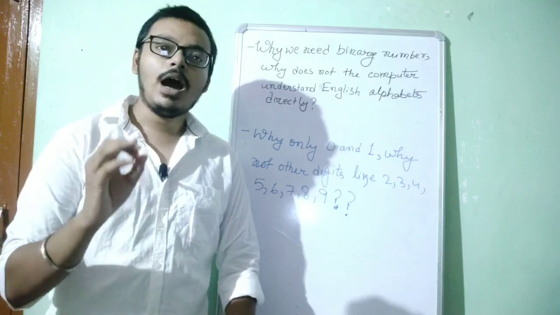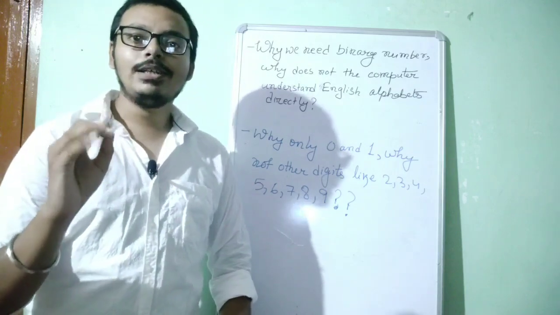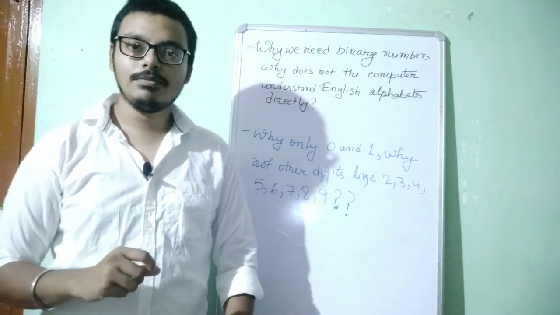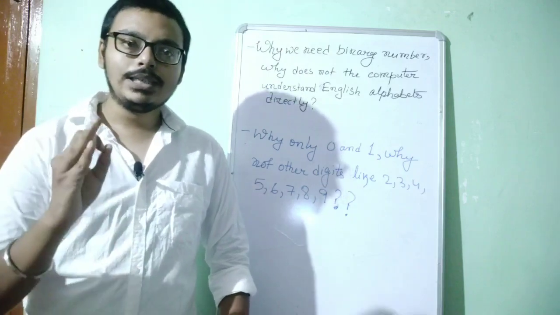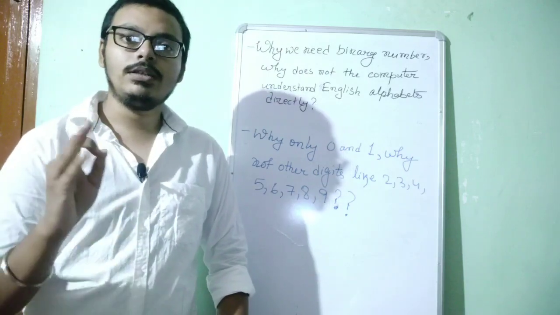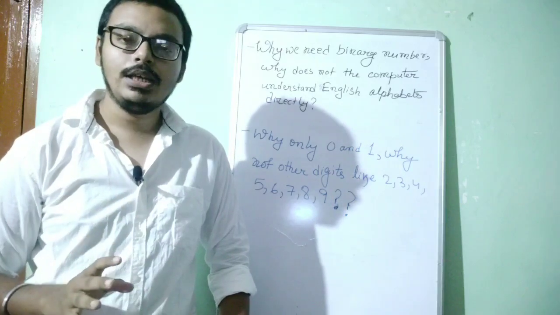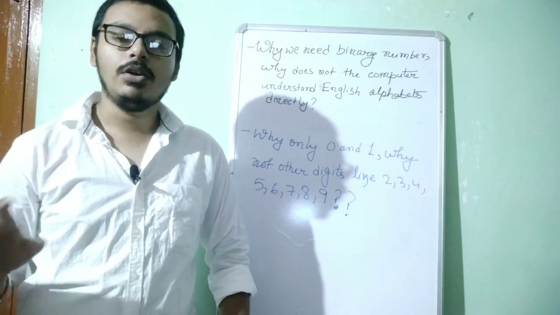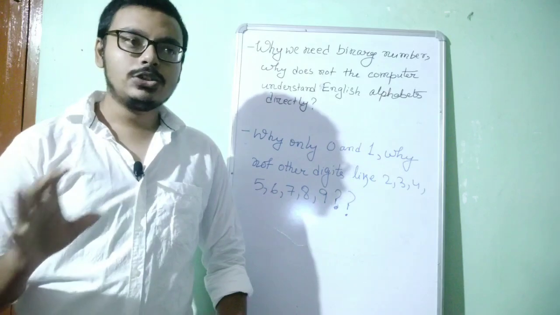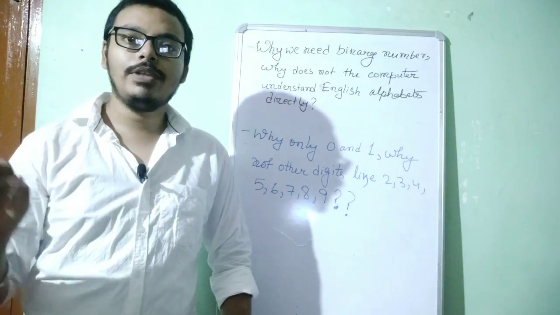Now tell me, how many phases can an electric signal have? Take an example: in your house the electricity comes, right? You have a light bulb or tube light. So what are the two states of that light bulb?